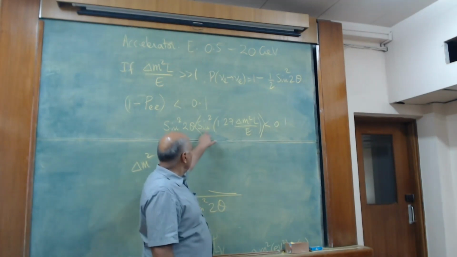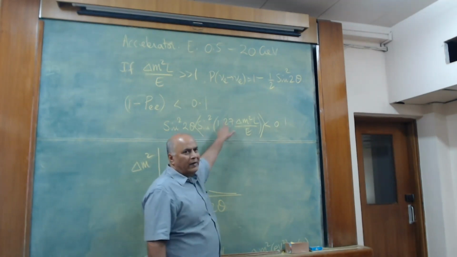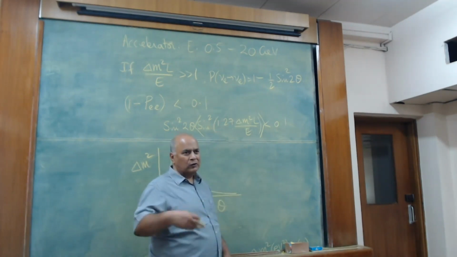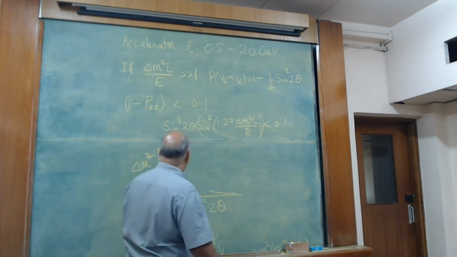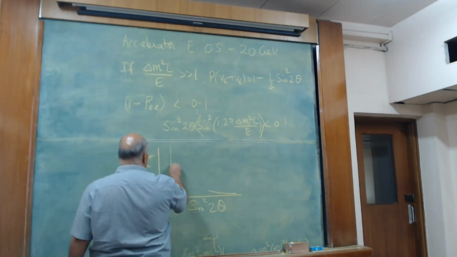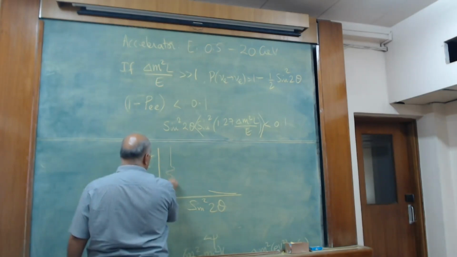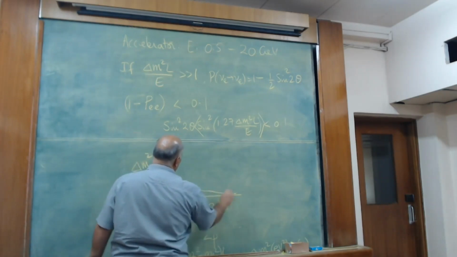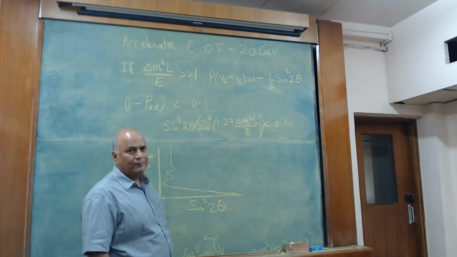And in between, the oscillatory nature of the sine square actually matters. And if you look at the curve, it will look like that.